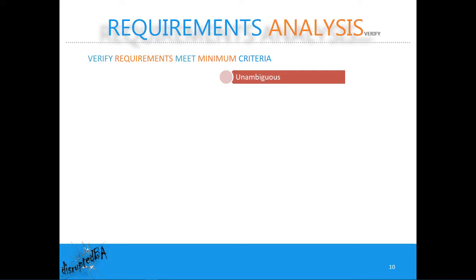Then the second criterion would be that it needs to be complete. It should cover everything that you need from the start to the finish while still being concise. It shouldn't be a long-winded thing. It should be concise, to the point, but it should tell me exactly what I want to achieve.